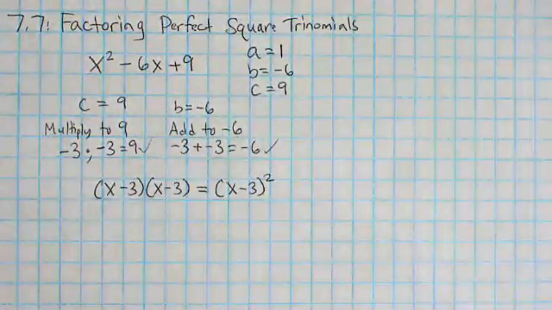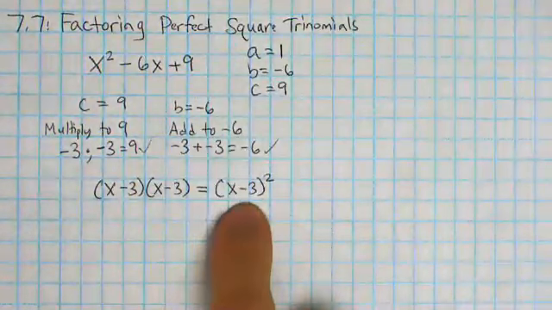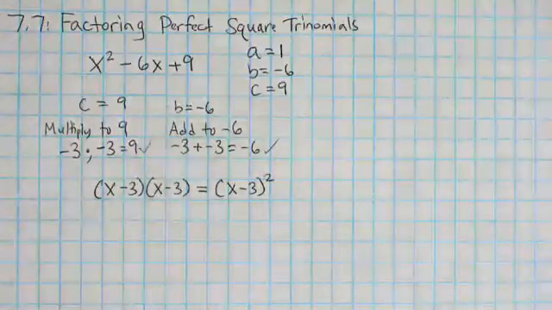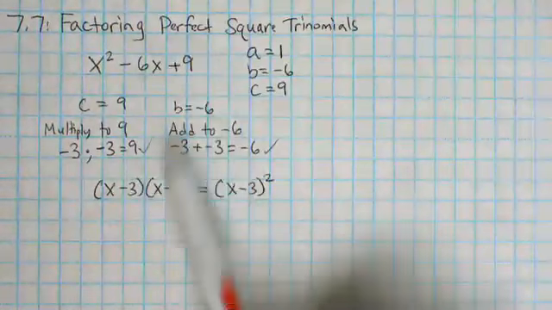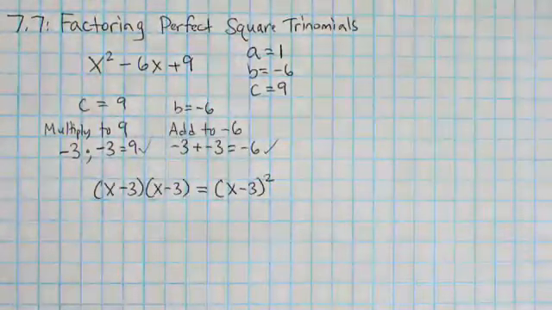So x minus 3 times x minus 3, that's the entire thing squared, because obviously, if we rewrite this as x minus 3 times itself, that's x minus 3 times x minus 3. And if you need to check your work by distributing, you can go ahead and do that too, and you will find that these two are the same, in case you still need a little bit more convincing about how this shortcut actually works.